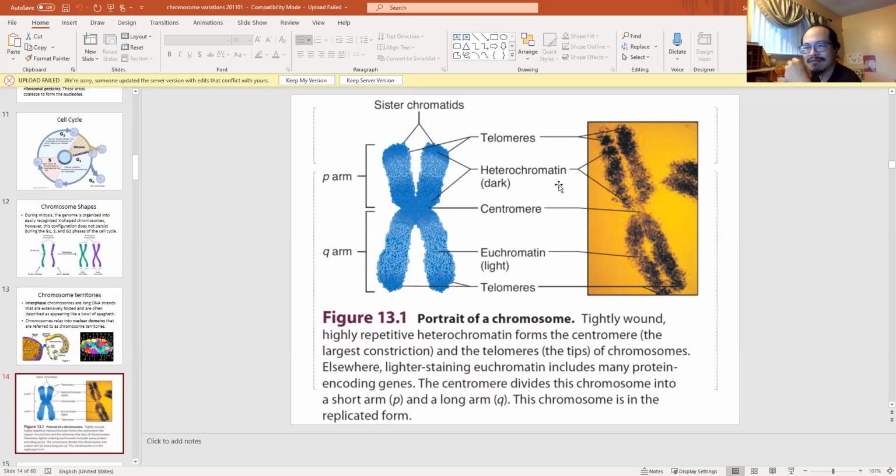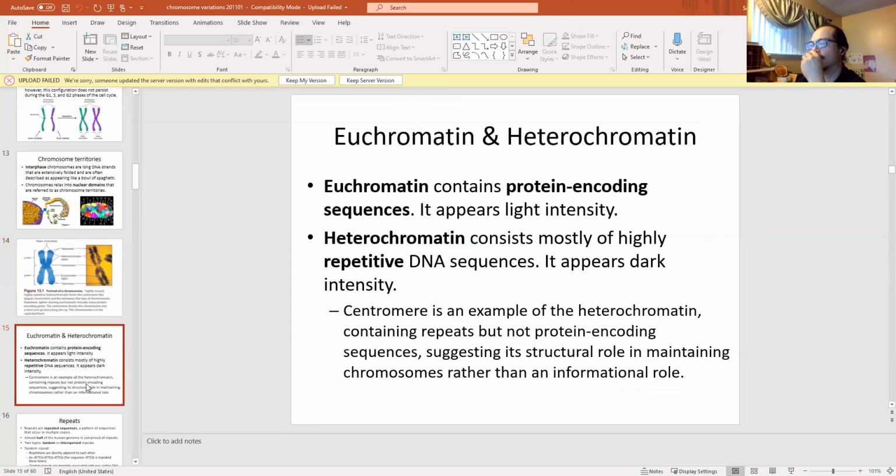So they don't really code any proteins, but they are there. We also have this region. This is all euchromatin. This region contains the protein-coded gene. So that's that. All right. So that's these two regions, euchromatin versus heterochromatin.